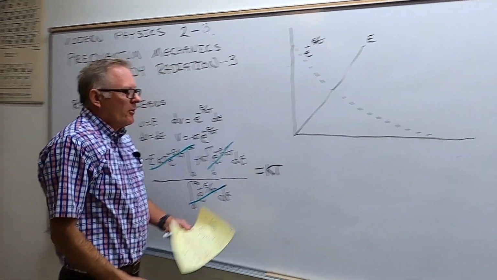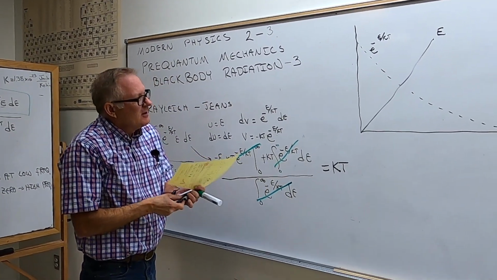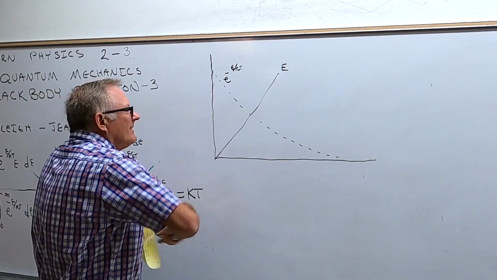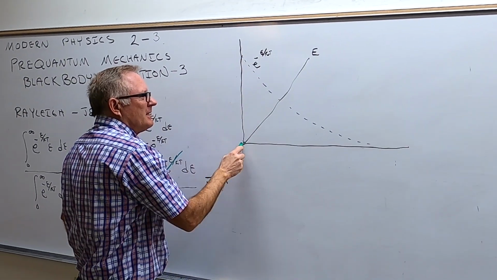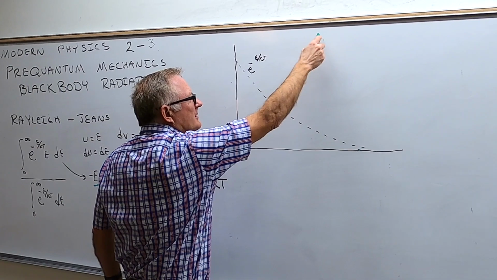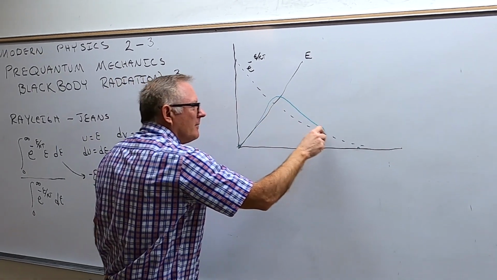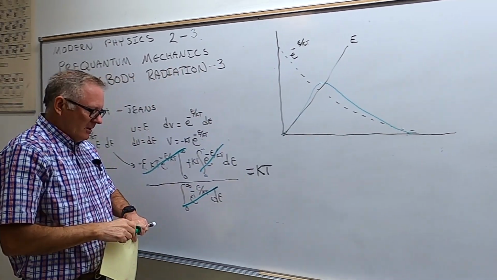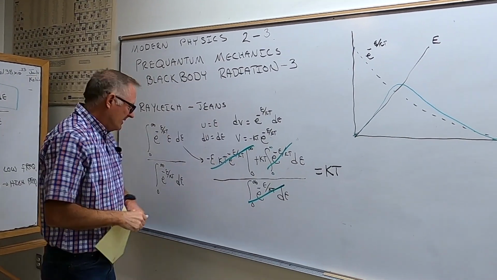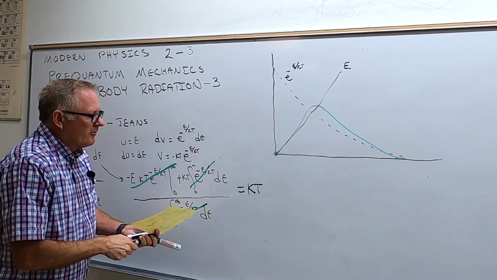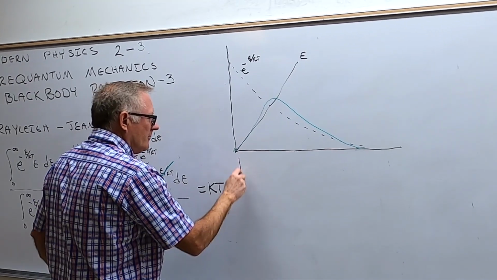And when you take the product of the two, well, you get pretty much 0 over here. This times this is 0, and over here 0 times some big number, still 0. You get something that goes up and then comes back down. So that's what this curve kind of looks like, just what we're integrating.